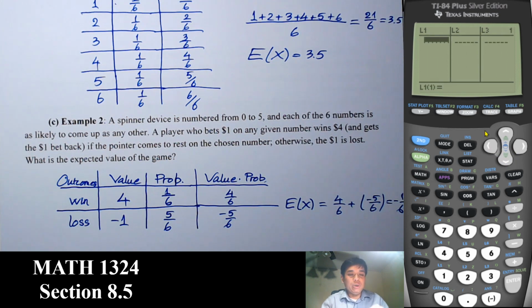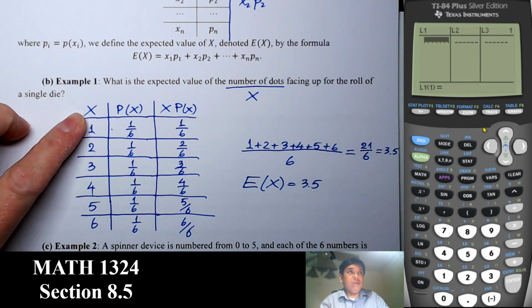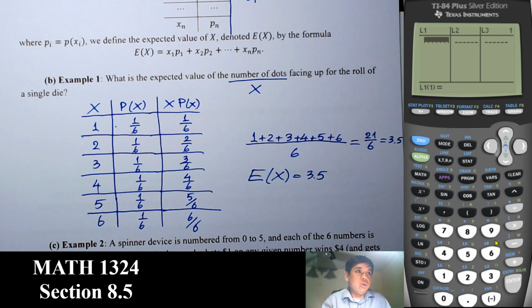Right, so what we do is I'm going to do this one. Enter the numbers in list 1: 1, 2, 3, 4, 5, and 6. Good.